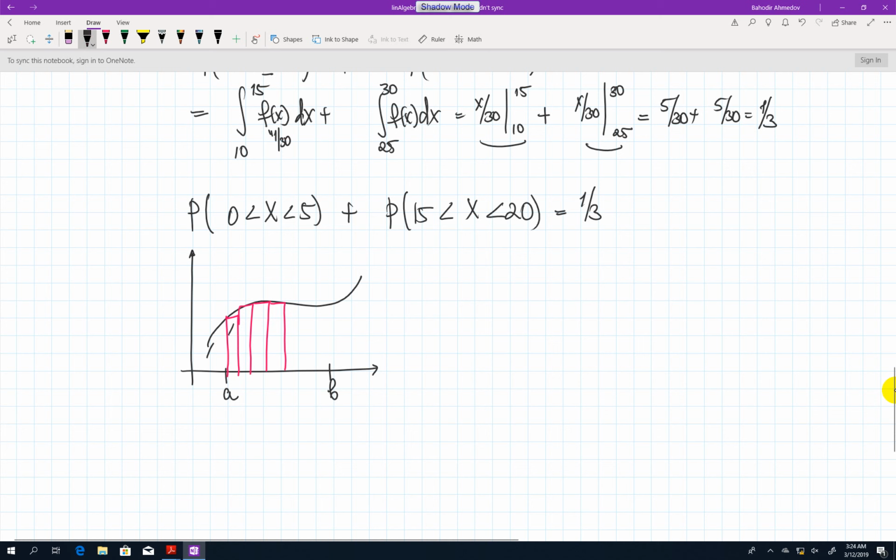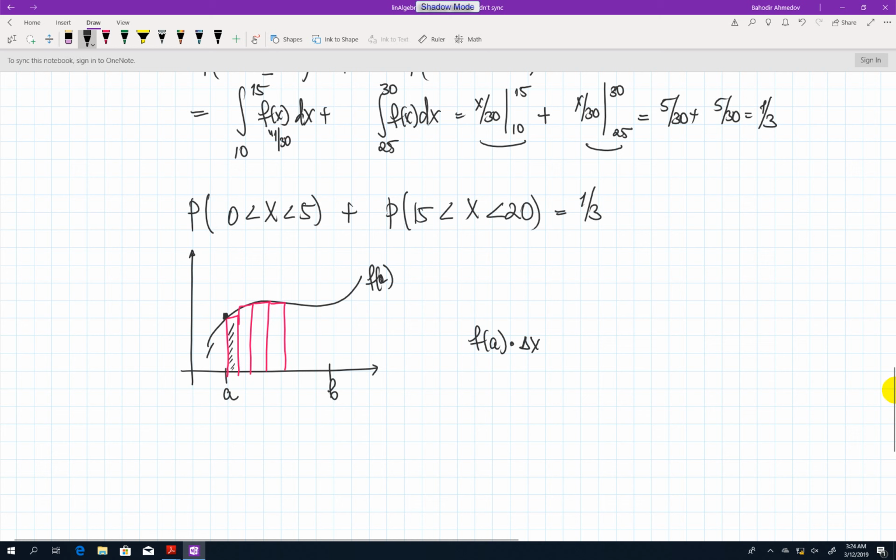So what will be the area of the first rectangle? So this is this point, right? What is the y coordinate of this point? F of a, right? So this is f of x. At the point a, the y coordinate of the first point is equal to f of a, right? So the area of the first rectangle is f of a multiplied by the delta x, right?